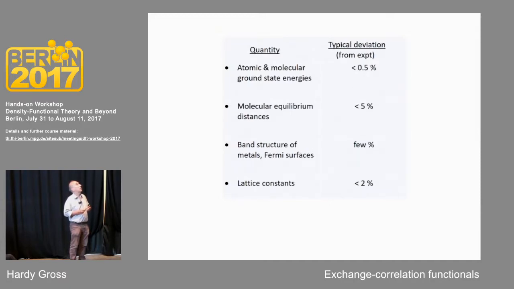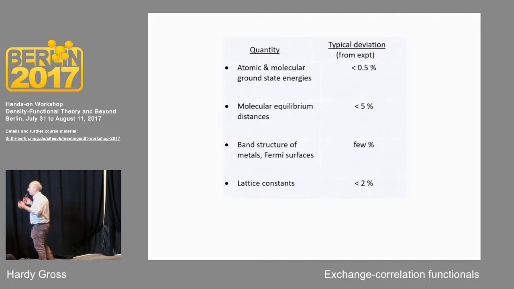Atomic and molecular ground state energies better than 0.5%. Molecular equilibrium distances better than 5%. Band structure of metals, in particular Fermi surfaces, extremely good, a few percent. Lattice constants typically better than 2%.